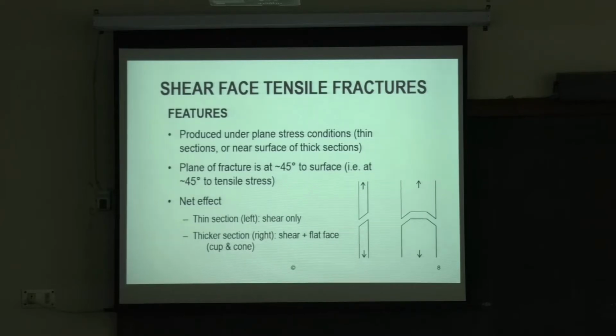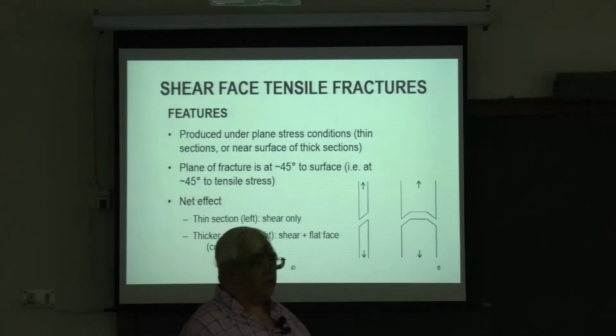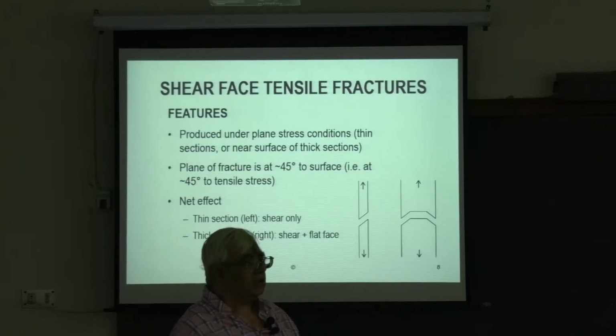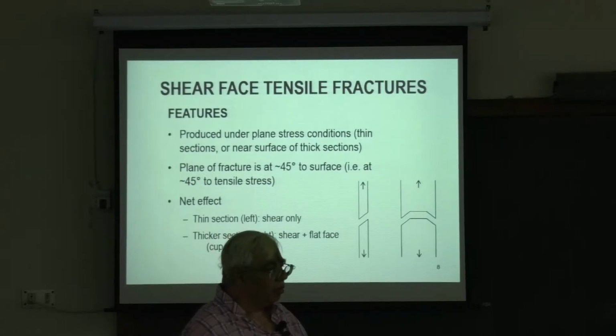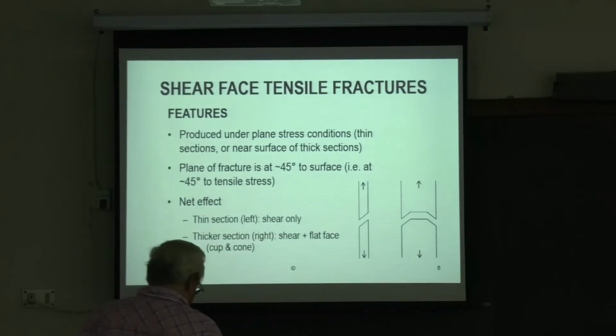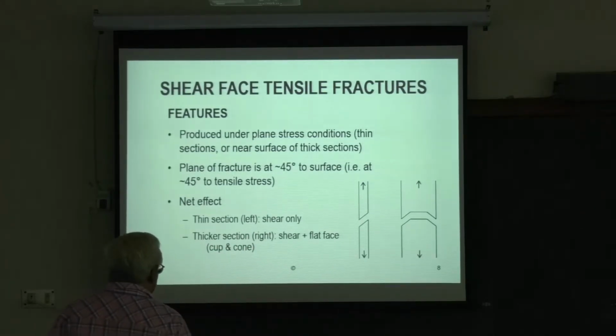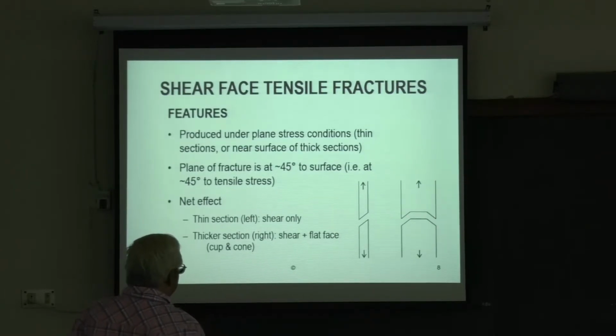So there is a minimum thickness above which the material becomes more brittle. If you use very thick specimens, even if it's steel or otherwise, it can become partly brittle. This part is ductile, but if it's very thick, then some part is ductile and some part is brittle.